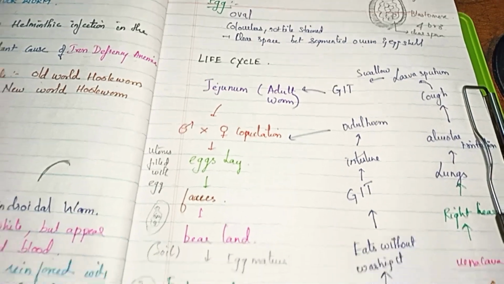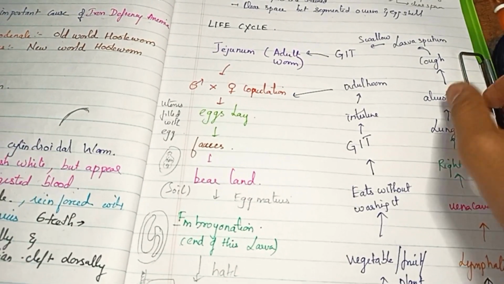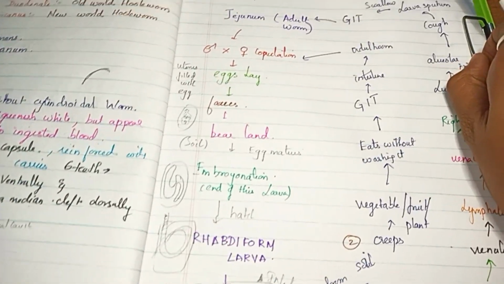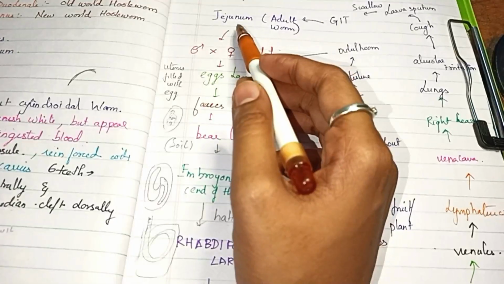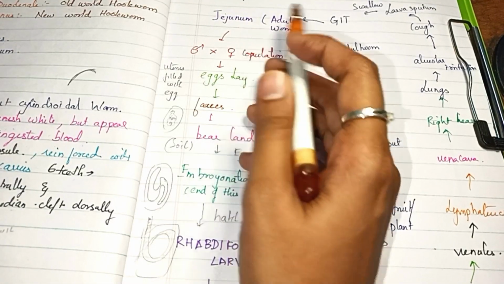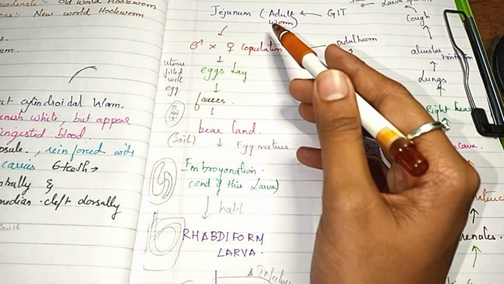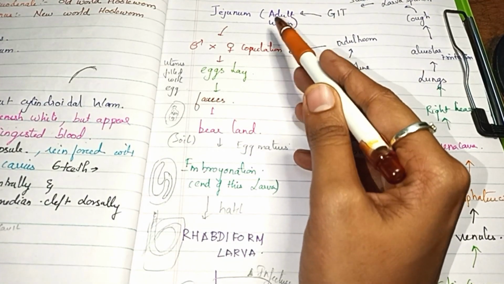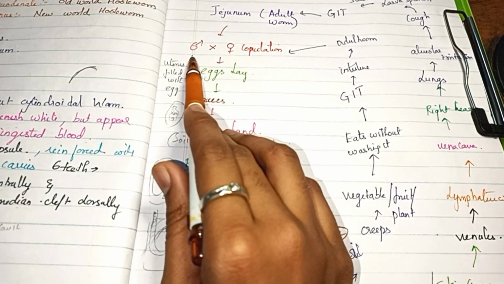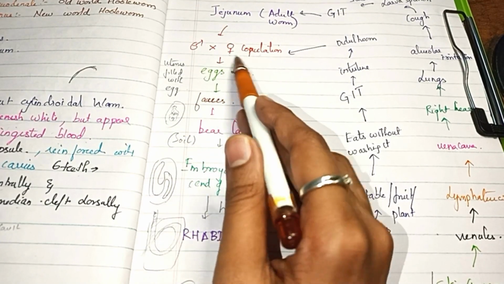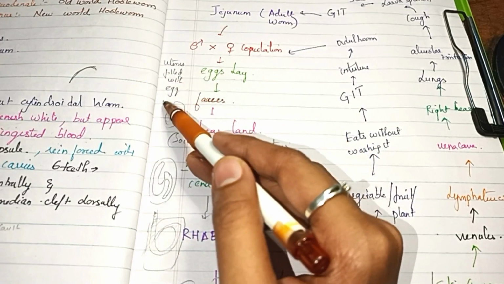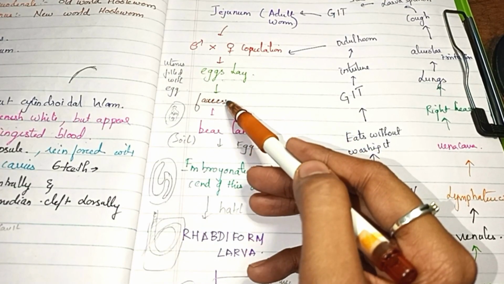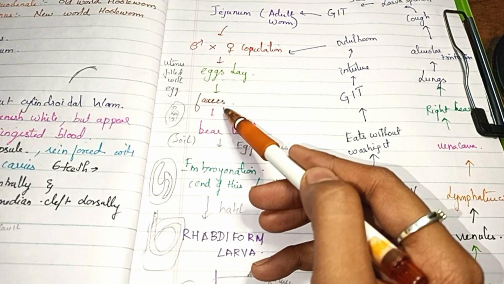So let's go to the interesting part, the life cycle of Ancylostoma duodenale. First, the habitat is the jejunum. In the jejunum you have the adult worm. Male and female worms will copulate, and there will be eggs. The uterus fills with eggs, and the eggs are laid and go out in the feces.